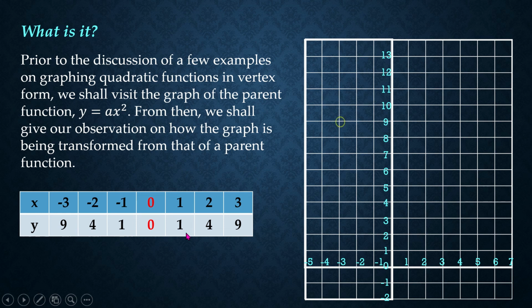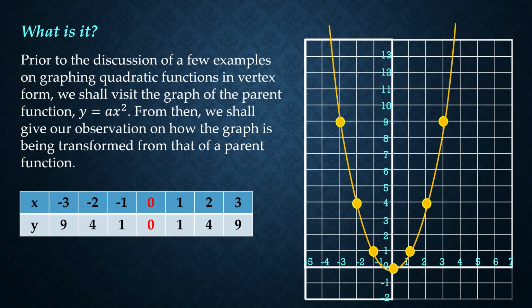So if we will plot them: negative 3, 9; negative 2, 4; negative 1, 1; 0, 0; 1, 1; 2, 4; and 3, 9. So that would be our parent function nga siya ang atoang basis kung unsay kausaban sa graph sa atong examples nga atong buhaton karon.